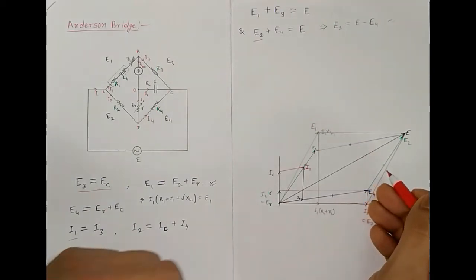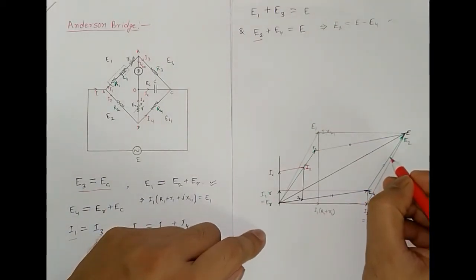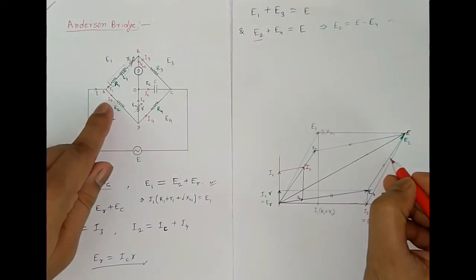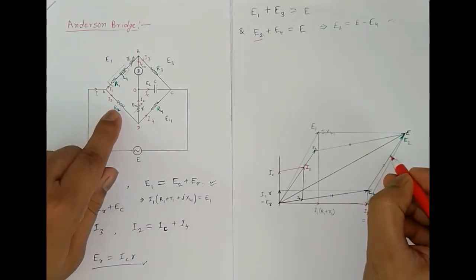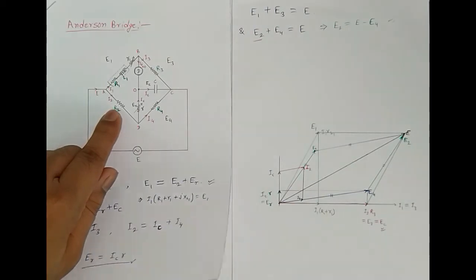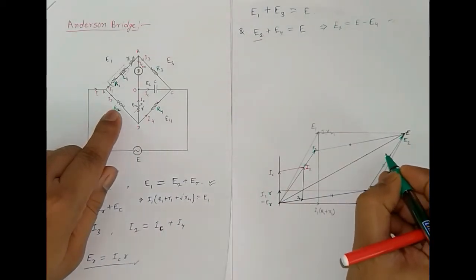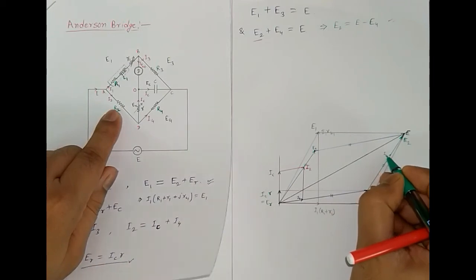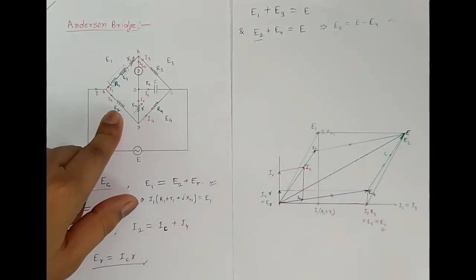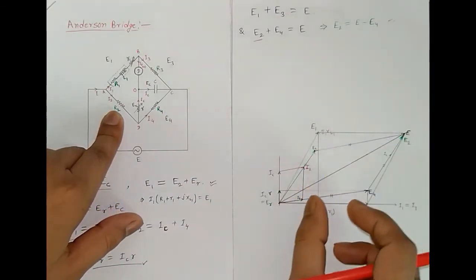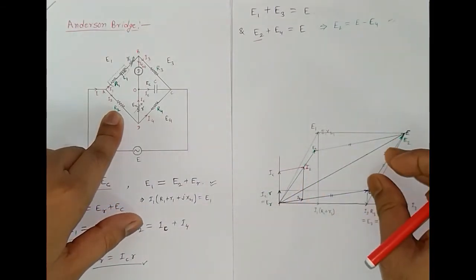If we know E2, then obviously the direction of current will be on the same line. So the direction of current, that means I2, will be on this line. Now just draw a parallel line to this and a parallel line to this.